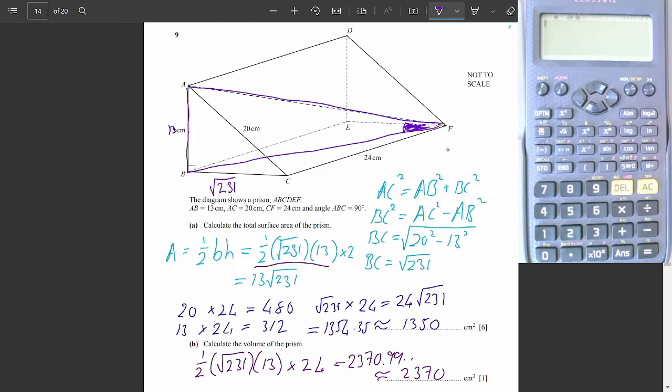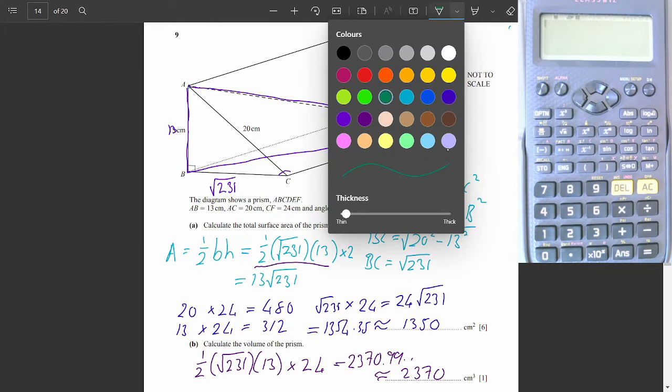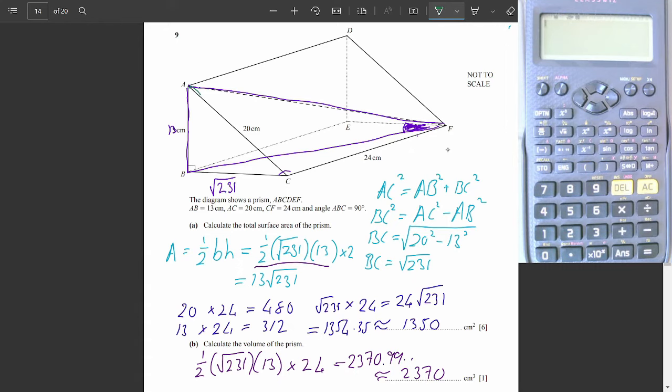So there's two sides we can work out. At the base here, there's a right angle, so we can use the square root 231 and 24 to find the length of BF. Or I prefer this one rather. I'm going to use this triangle ACF, which has 24 and 20 and a right angle here, to work out the length of AF.